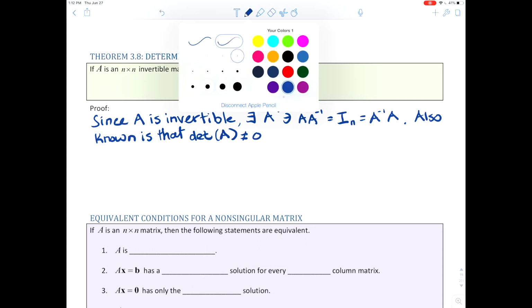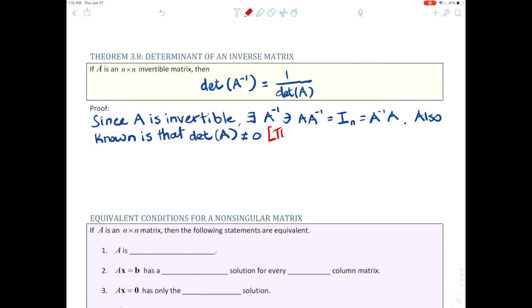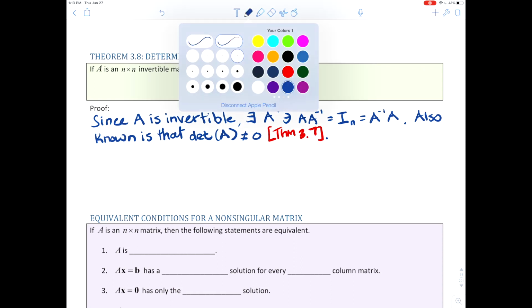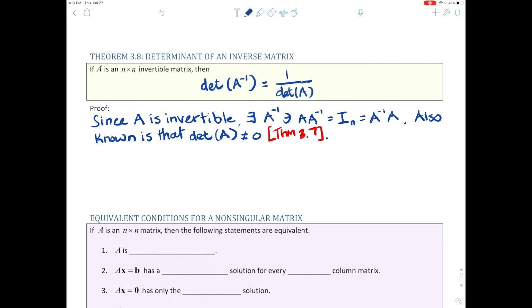And that one is by Theorem 3.8. Okay, so no, 3.7, sorry, 3.8 is what we're trying to prove. All right, so now what do we have?